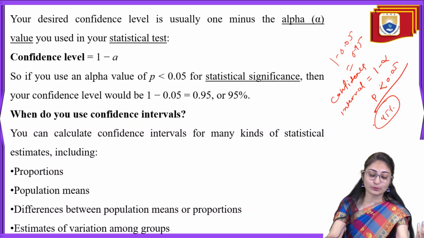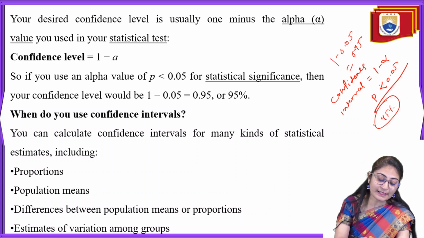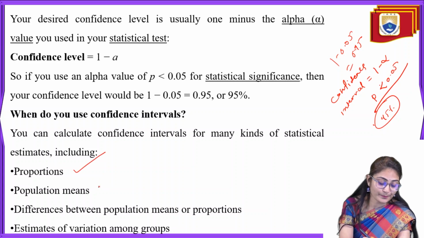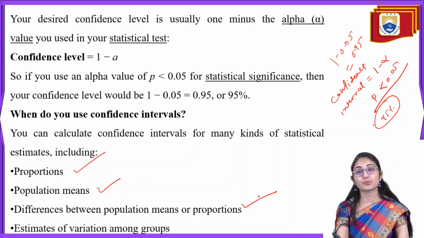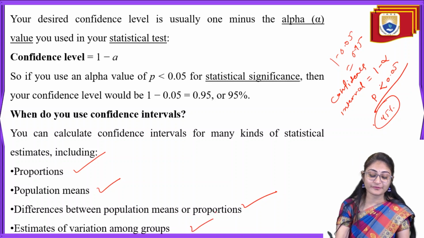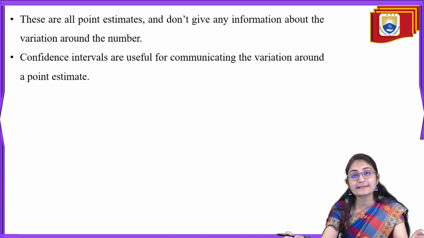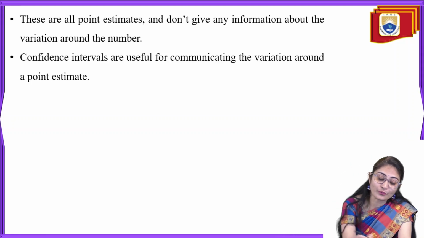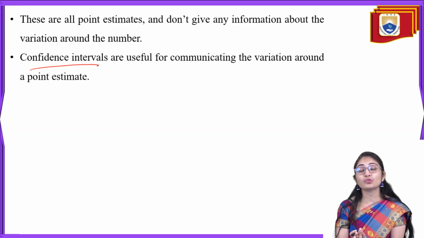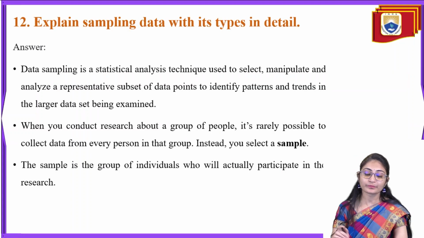You can calculate the confidence interval for many kinds of statistical estimates, like proportions, population means, differences between population means or proportions, and estimates of the variation among groups. These are all point estimates, and they don't give any information about the variation around the number. So confidence intervals are useful for communicating the variation around the point estimate.